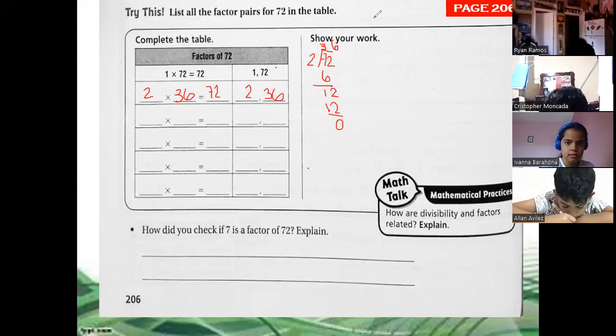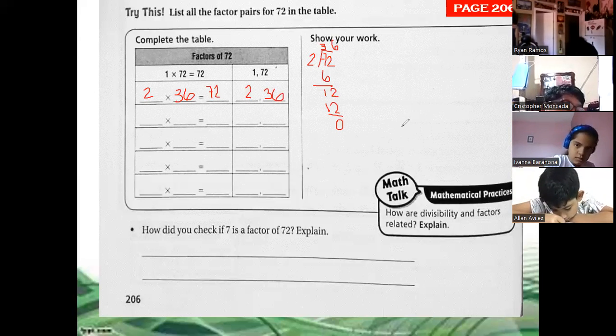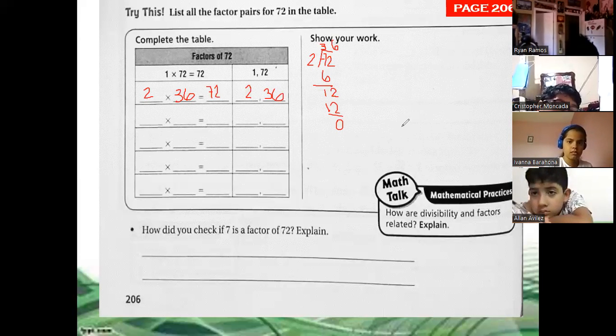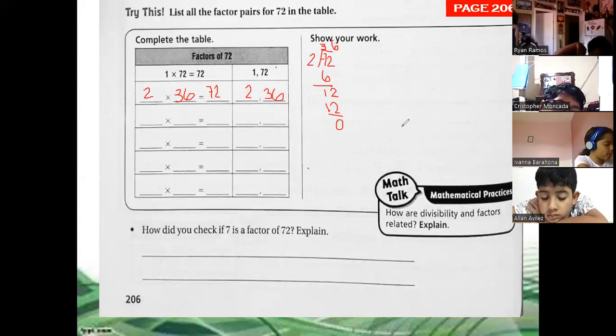72. Let's see if 72 is divisible by 3. What does the rule say? The other digit, we need to use that 36. How do you test? How do you prove?